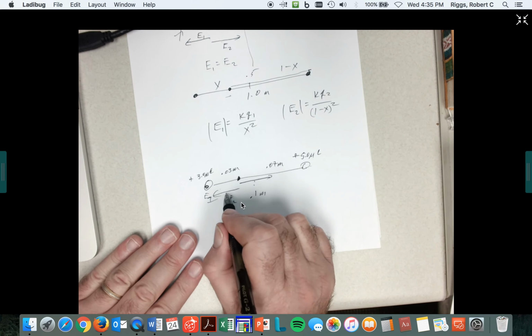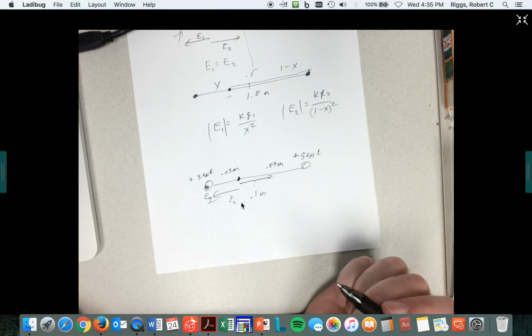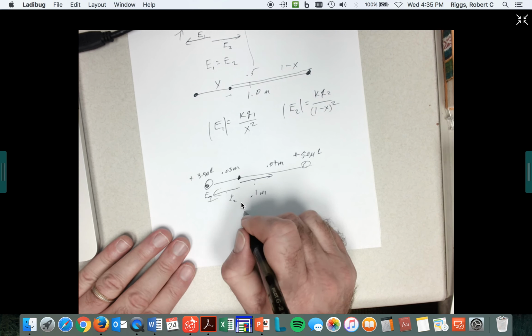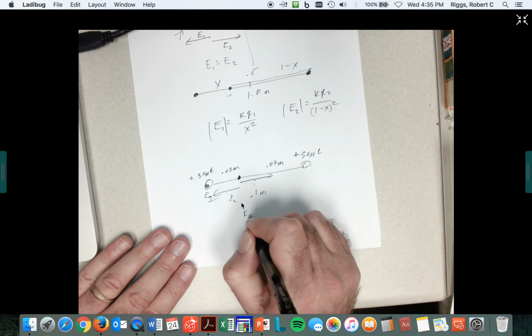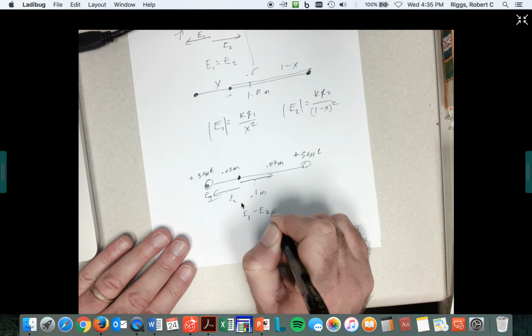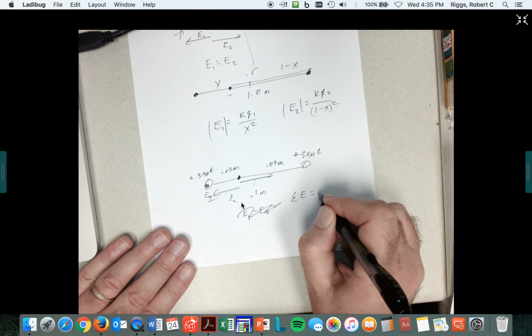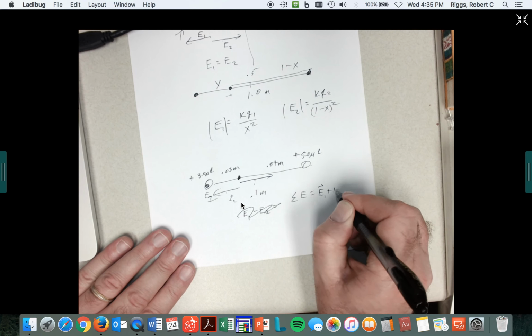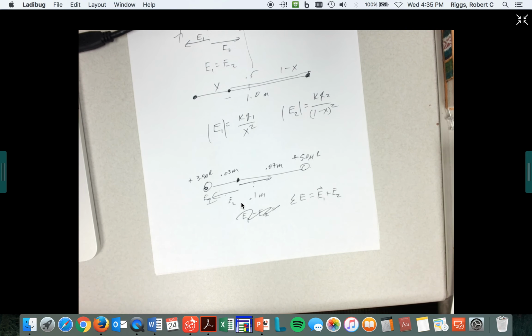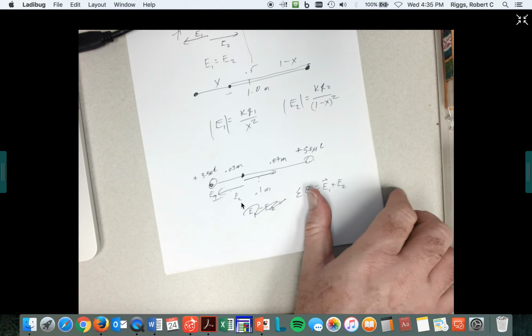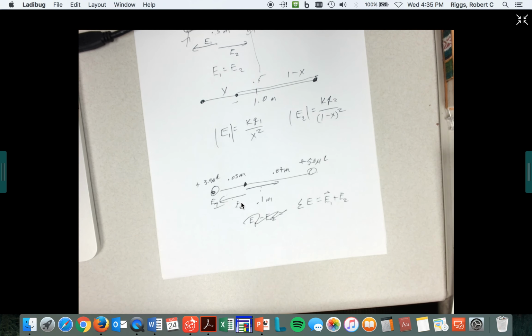E2 in this case would be negative because it's going in the negative x direction. So you'd say E1 magnitude-wise minus E2 is equal to the sum of E1 plus E2, but you have to be careful with the positive and negative signs. Okay? All right, that's a much better rendering than what I did before. That's it.